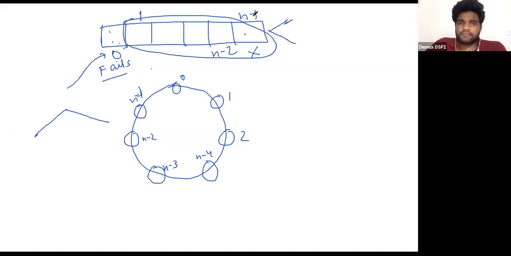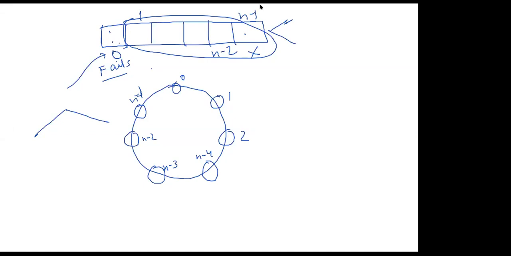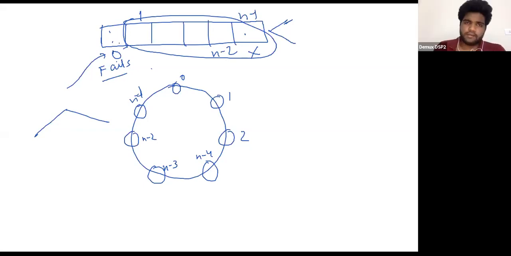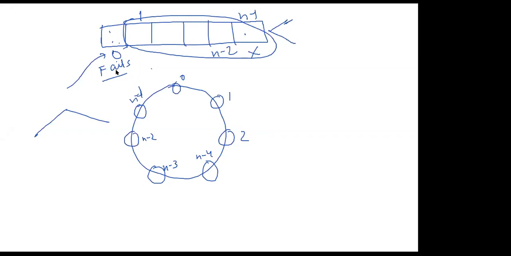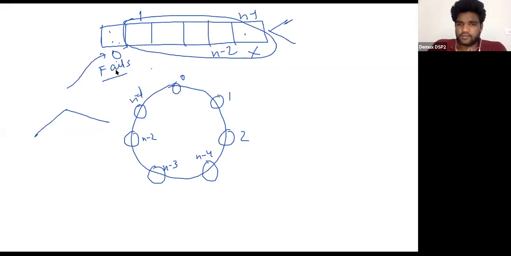So we will go from 0 to n minus 2 or 1 to n minus 1. Then we will not rob the two adjacent houses. So we are basically breaking the cyclicity. This is like JEE level. In JEE also we used to do this, right? When we used to break the cyclic nature.